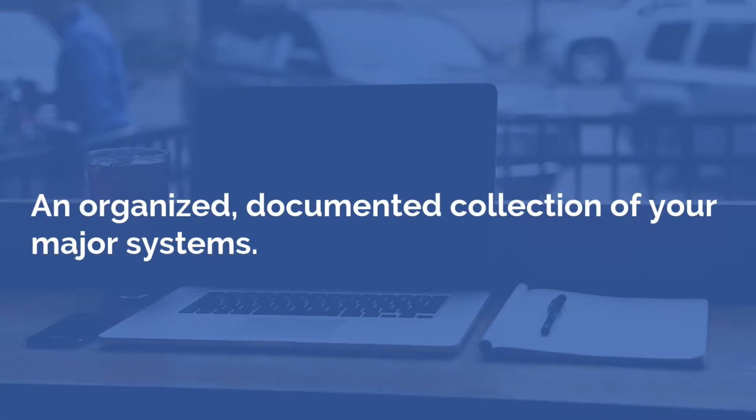So an operations manual is an organized, documented collection of your major systems. And remember what those 5 systems are: marketing system, selling system, operations or fulfillment system, administrative system, and HR system. Those 5 systems are documented in the operations manual. Now, what exactly is a system?